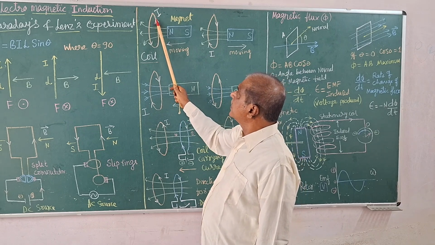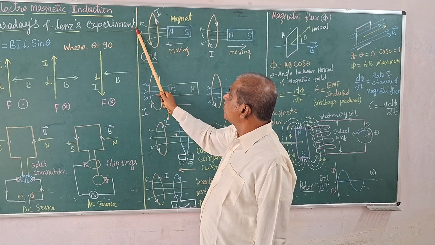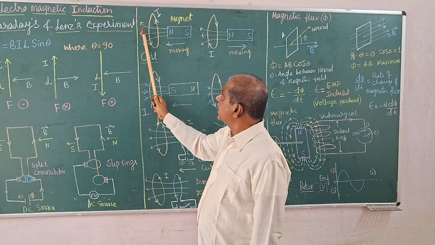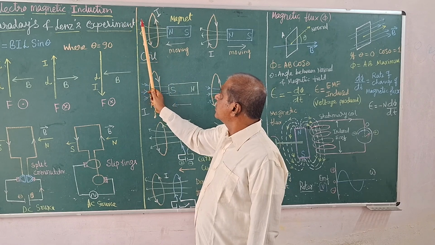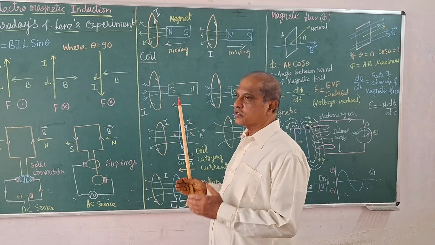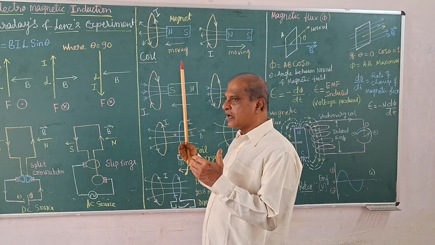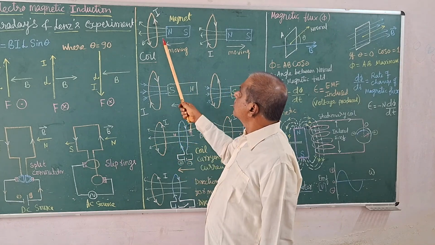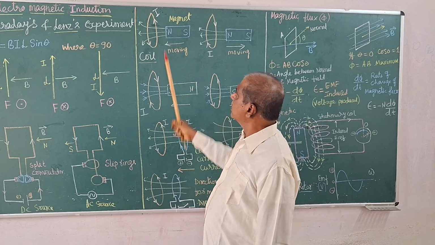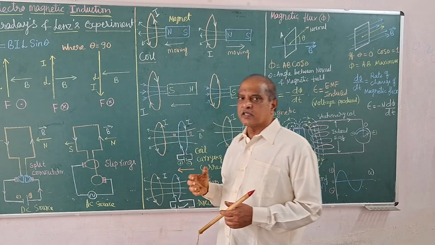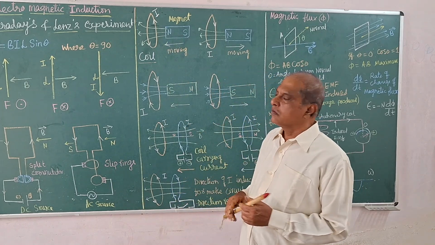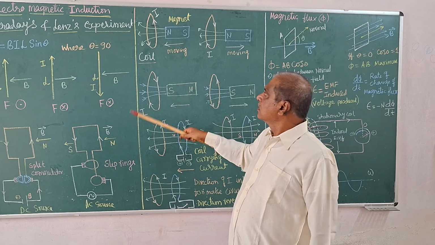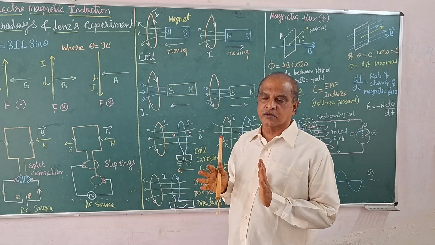The magnetic field induced by this is always opposite like this. If this is the direction, the induced magnetic field is in the opposite direction. They repel each other, the magnetic fields. So as a result, while moving, we always experience a repulsion. Moving is action and repulsion is reaction.